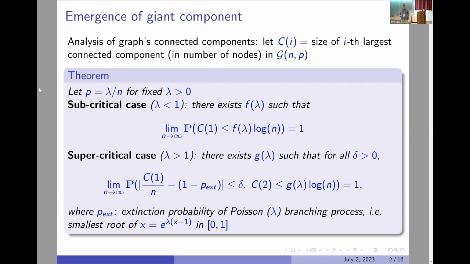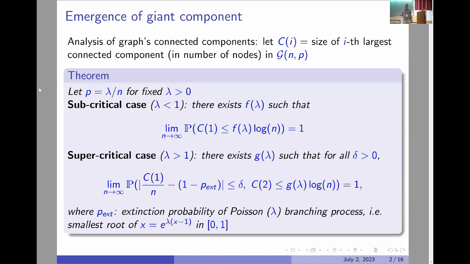Now, if you let lambda cross this critical value of 1, that is when you see the emergence of what they called the giant component. And formally, the result is as follows. The size of the largest connected component C1 normalized by n will converge in probability to a constant that is strictly positive.